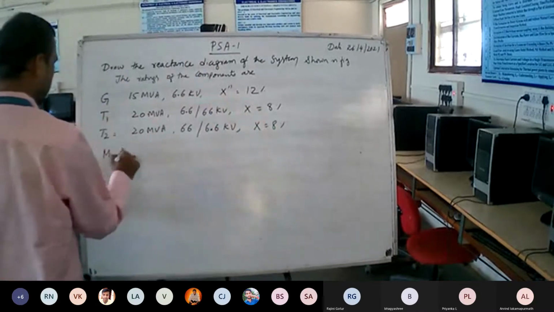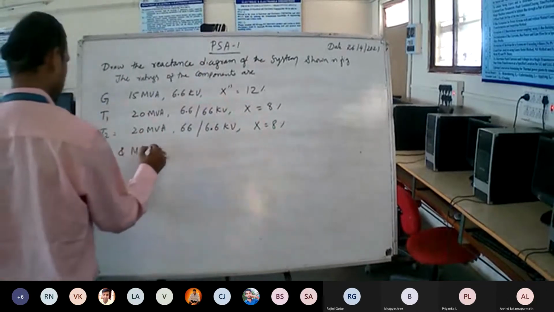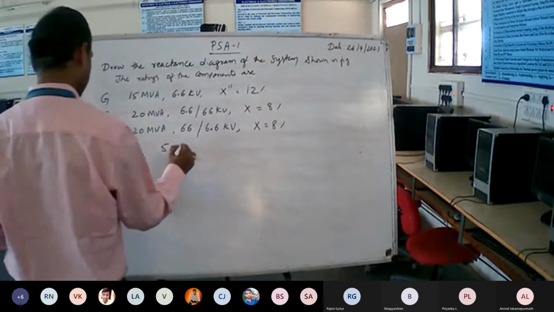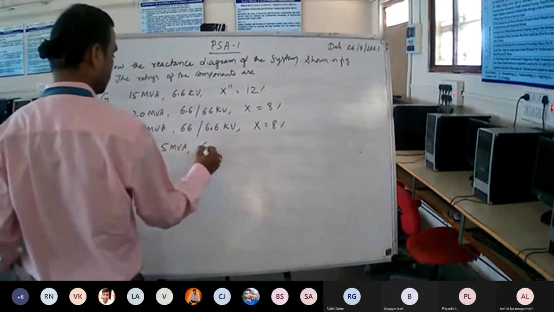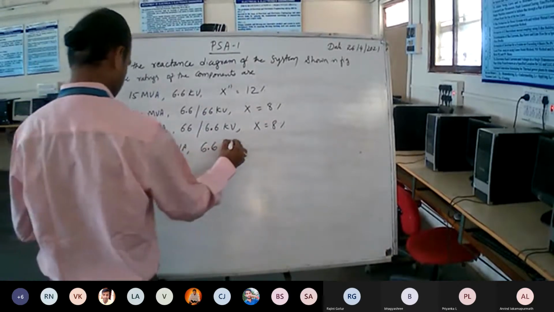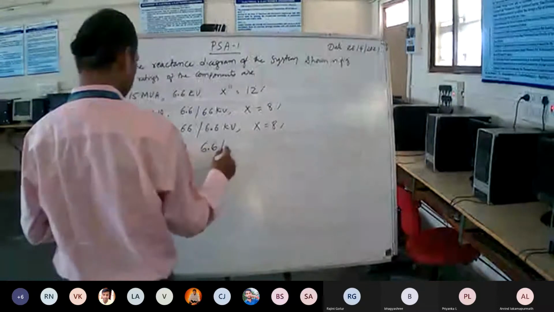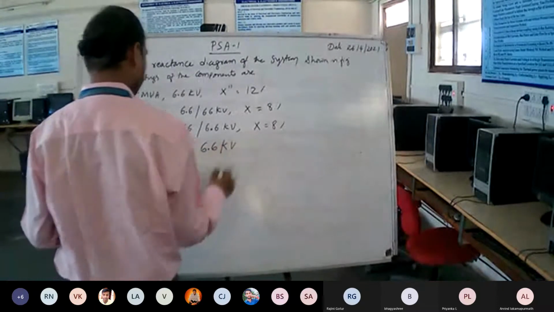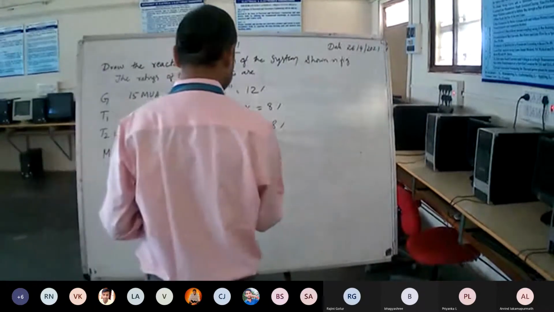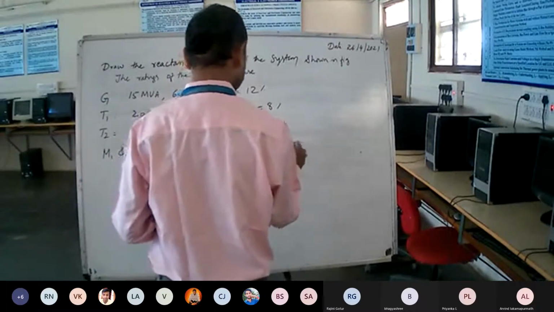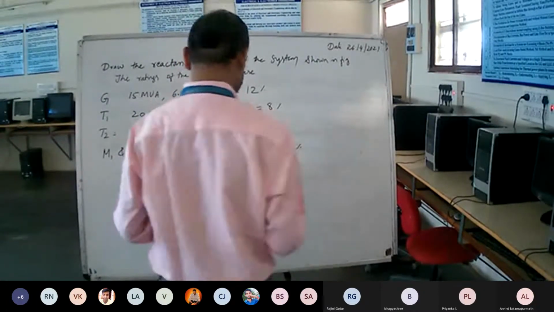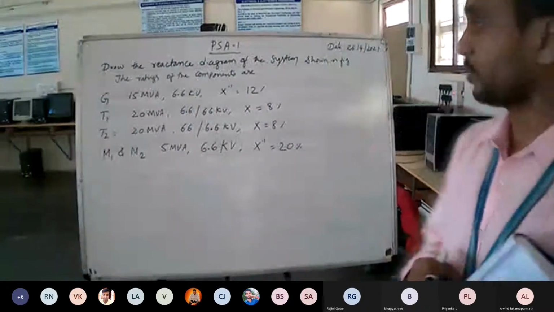And motors M1 and M2 produce 5 MVA, 6.6 kV by 6.6 kV. Hold on. So note down the problem.